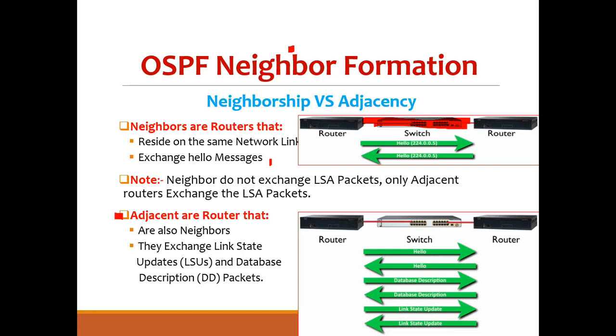Slave and slave are always two-way neighbors, just exchanging hello messages. And there is the master router to whom you are exchanging the database, like LSDB. The routers to whom you are exchanging the database are known as adjacent routers, and the routers to whom you are exchanging only hello messages are known as two-way neighbors.